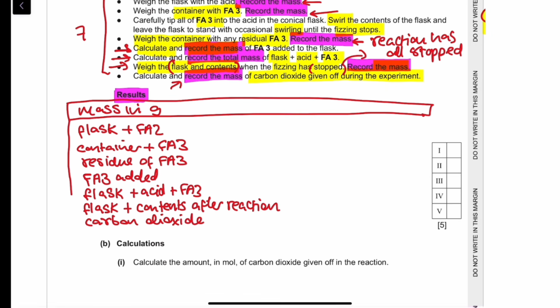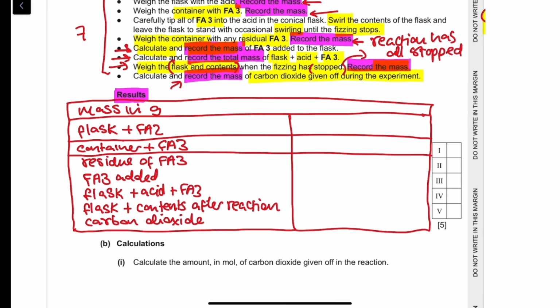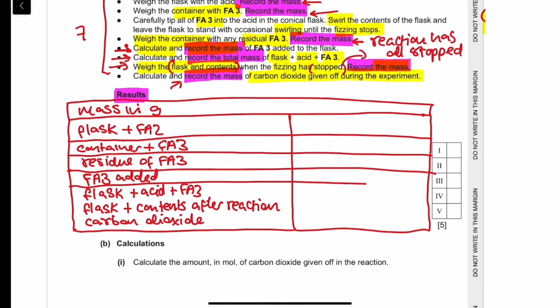Okay. To the right is going to be my actual values, and to the left just indicates what those values are for.